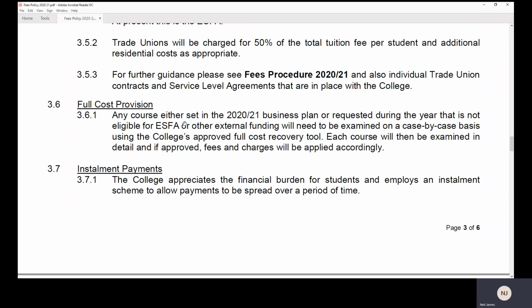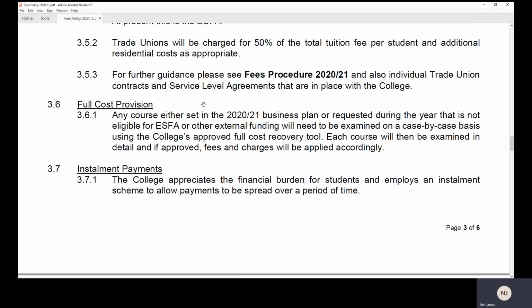It also includes in section 3.6 a section around full cost provision. This guidance ties in with the full cost recovery tool and the guidance that will be coming with it that will be issued from myself and Maria in the next couple of weeks.